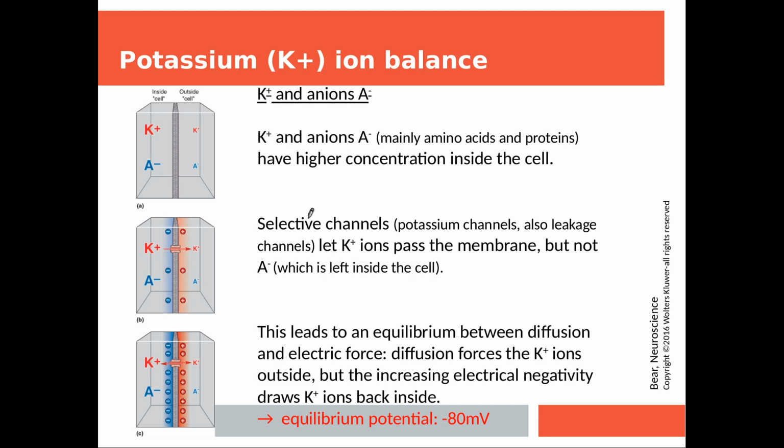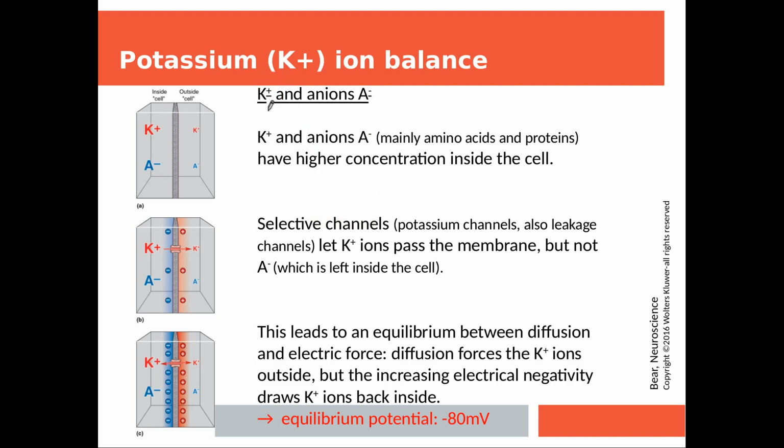Okay, so now I'm going to talk about, in this specific case of neurons in the brain, what causes the resting membrane potential? Well, one aspect of it is caused by the equilibrium potential, the balance of positively charged potassium ions.